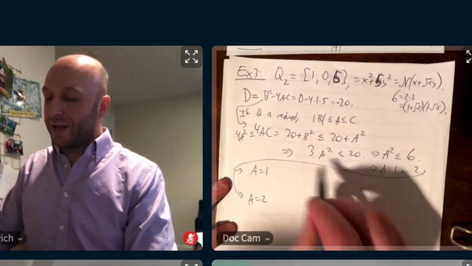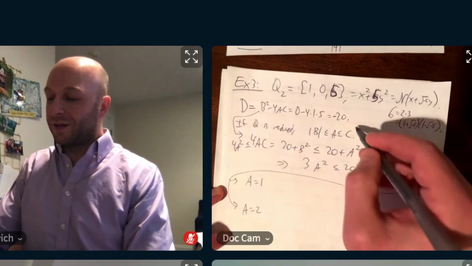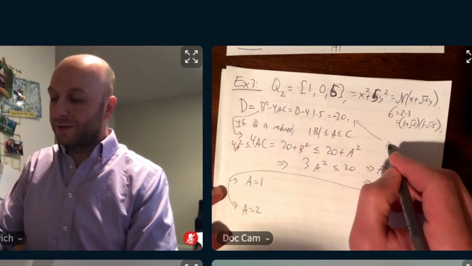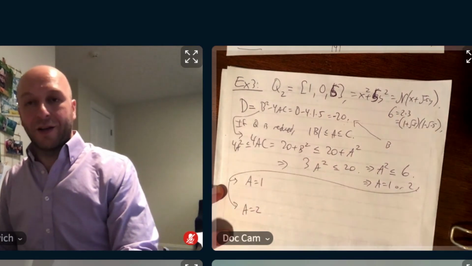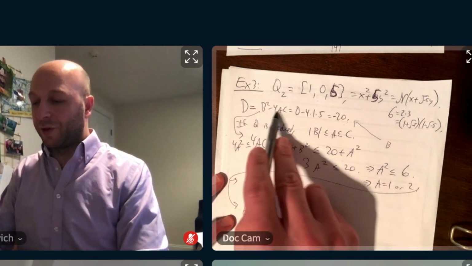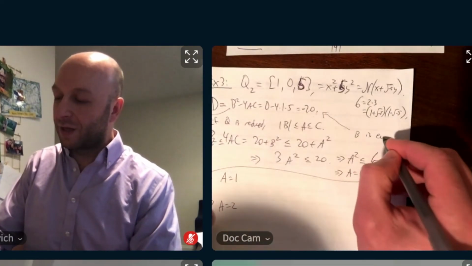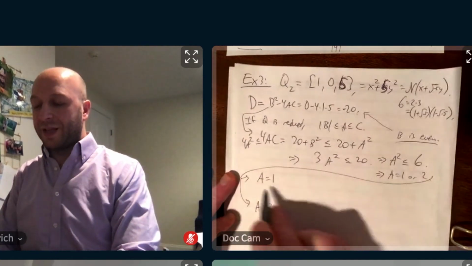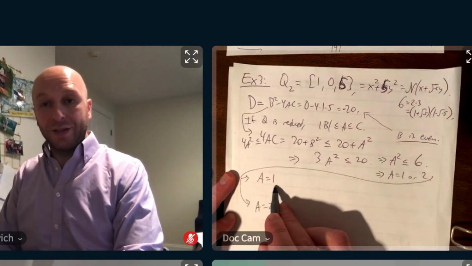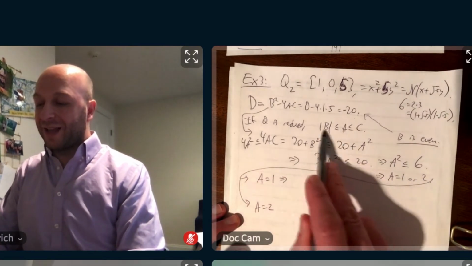If A is 1, now let's rule out a couple of things about B. What do we know about B? Even or odd? Even. Look mod 4, this is 0 mod 4, this is 0 mod 4, B is even. So that'll help narrow down some of the cases. So if A is equal to 1, B has to be even and at most A in absolute value.